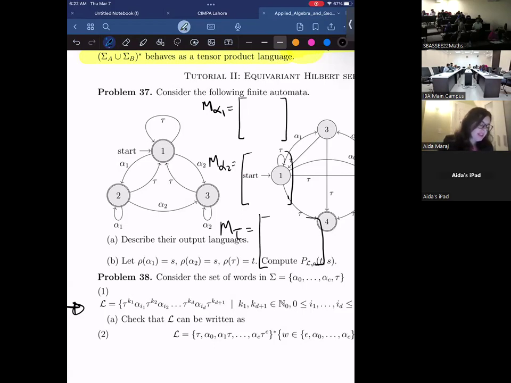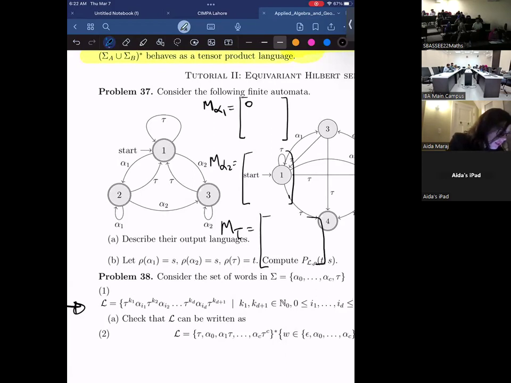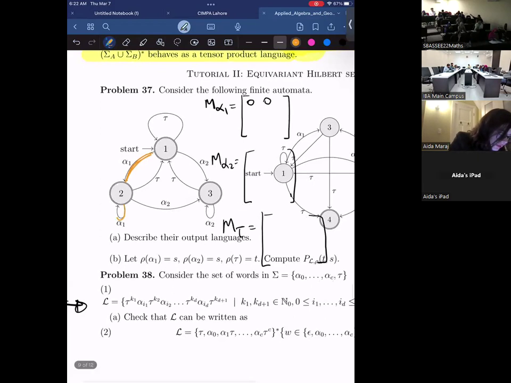It's a 3x3. It's going to be 0. And now from 2 to 1, we have 0. So the only alpha 1s that we see are this one and this one. So we will have 2 1s. We will have in position 2 1, a 1, in position 2 2.